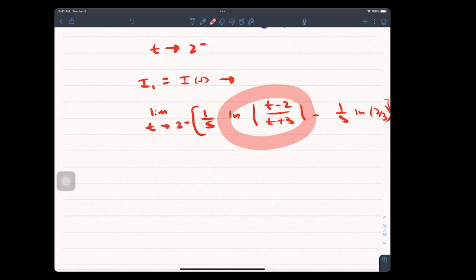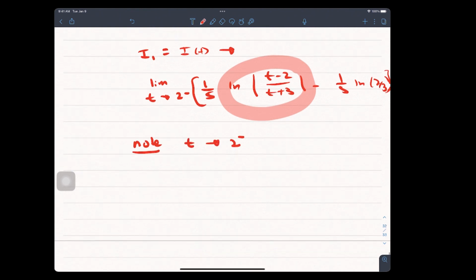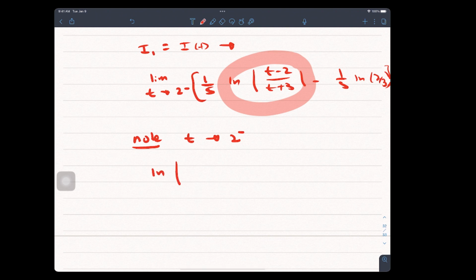So you're really just going to be concerned now with this. And then again, I want you guys to just note what I'm saying here. That t is going to 2 from the left. We need to know what the natural log absolute value of t minus 2 over t plus 3 goes to.